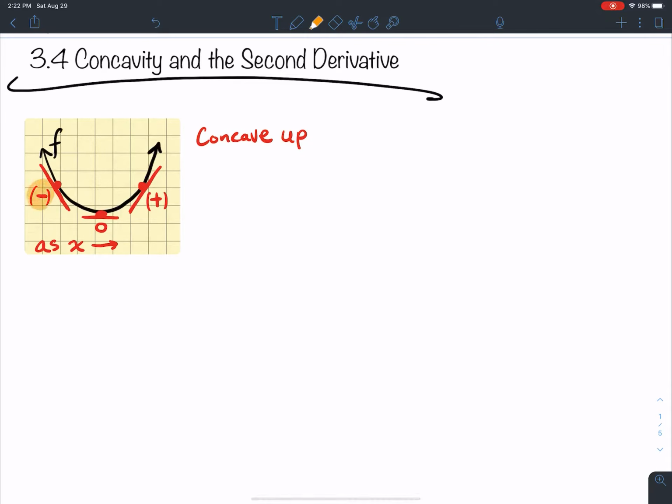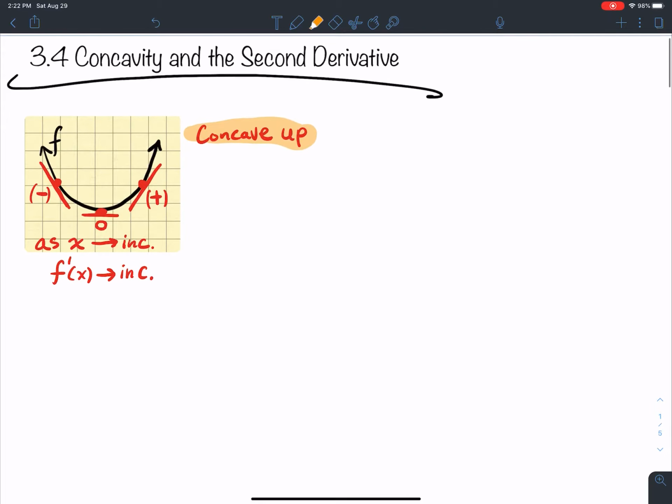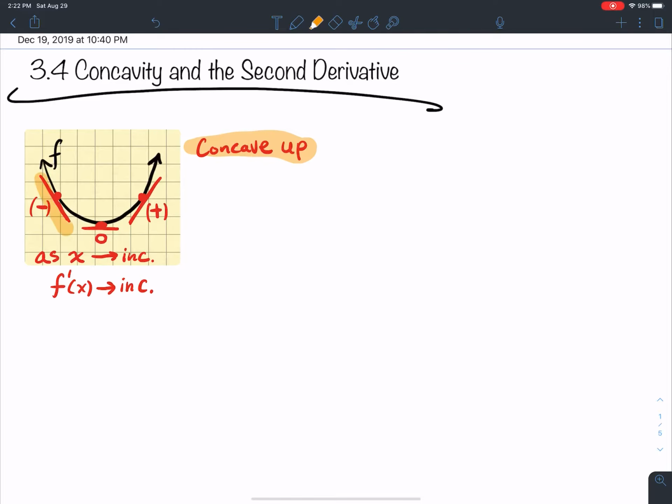So I'm going from negative to 0 to positive, so it looks like my derivative is increasing as x increases. Okay, so this is the idea of concave up. As x increases, the derivative increases.